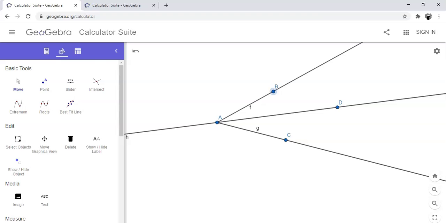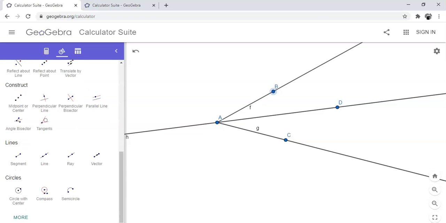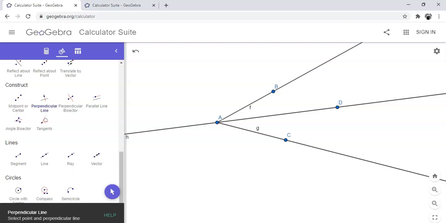Well, this might be a little bit difficult to see, but if we remember back on how we take distance from a line, or in this case a ray, to a point, it's the perpendicular to that side.